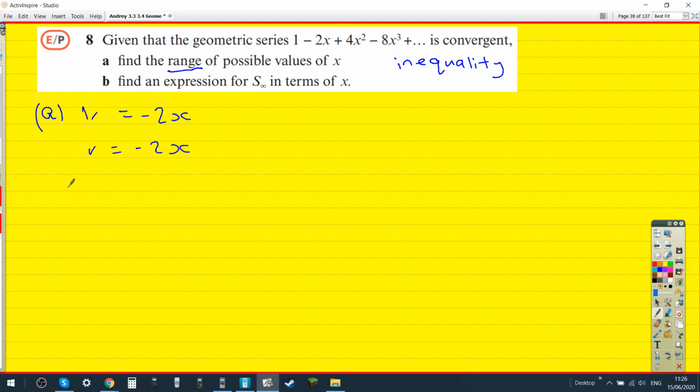Not sure. Magnitude of r is less than 1. Oh. And so we want the range of possible values of x.